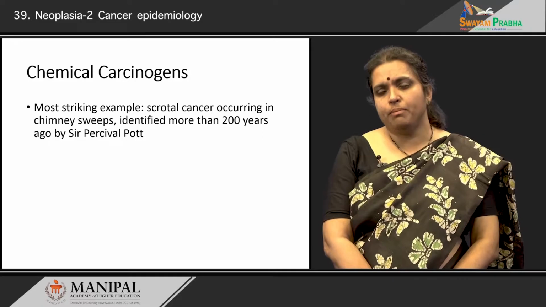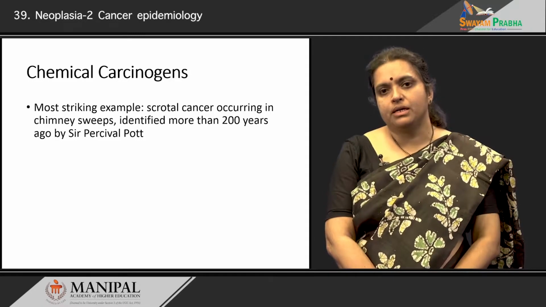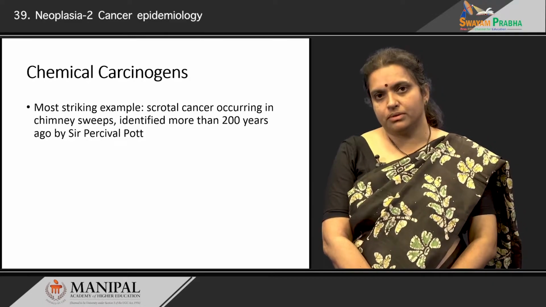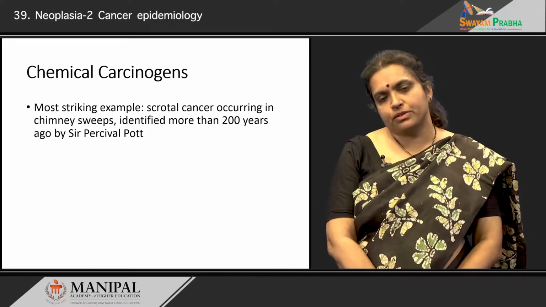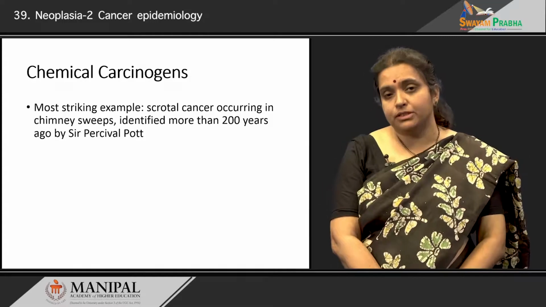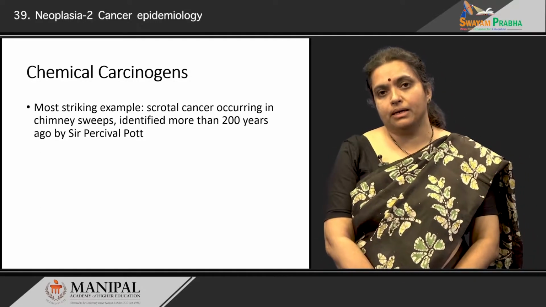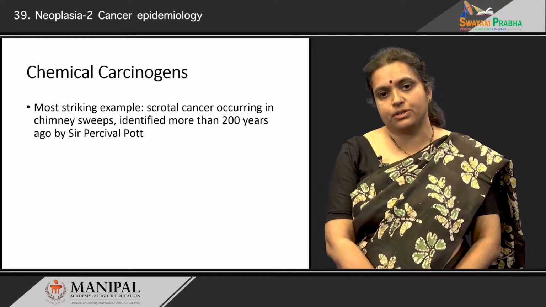So, this one public health policy measure led to an enormous change in the incidence of scrotal cancer. So, that is the power of epidemiological studies, to be able to see these associations.